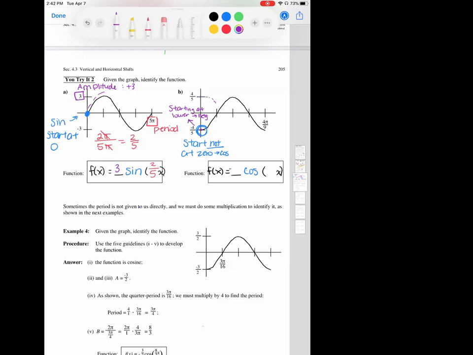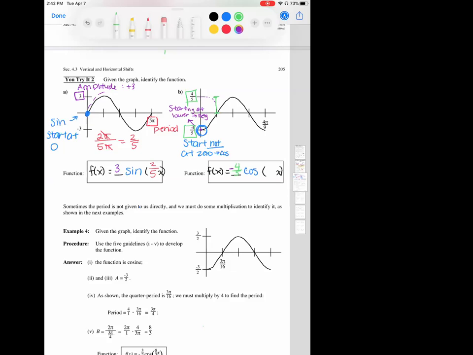So I have a minus. Okay, now we need the amplitude so I can attach that minus. Our amplitude comes from that number, 4 over 5, or you can even think of this higher number. That lets you know the measurement from the middle point to how high up or how low you go. So that's going to be a 4 over 5.